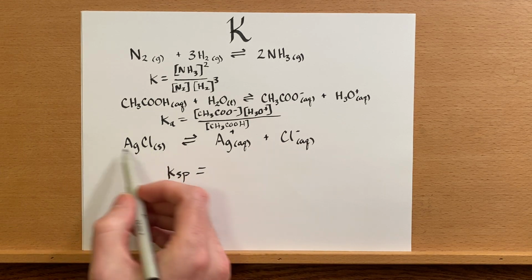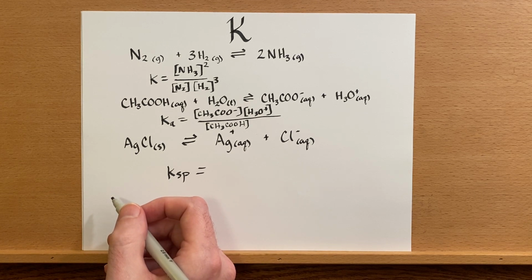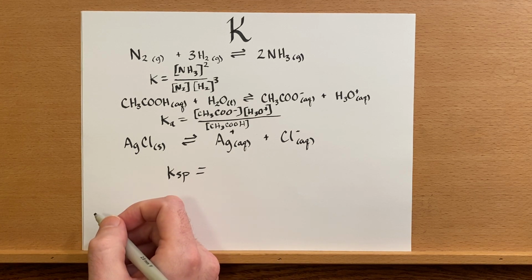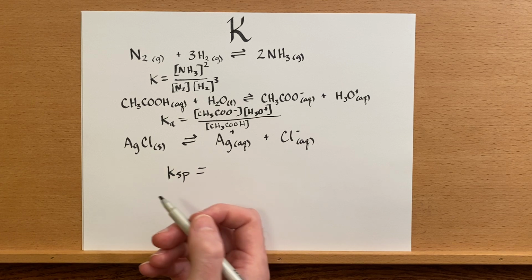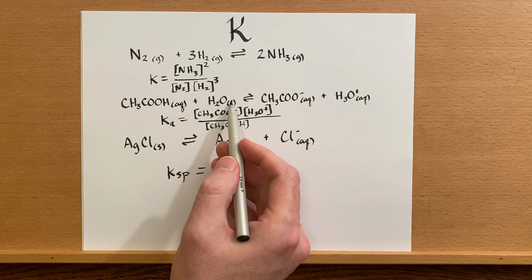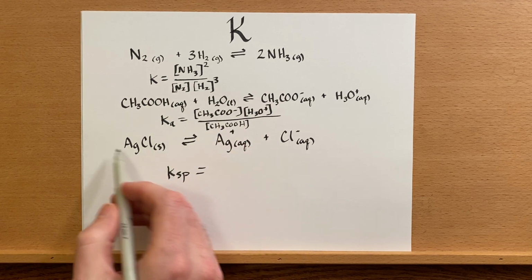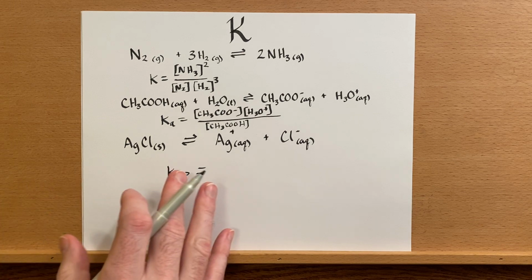Now, does anybody know what the concentration of a solid is? Well, I don't know either. In fact, those don't go in the equilibrium constant expression either. It's really liquids and solids. The solvent or just a solid does not go in.